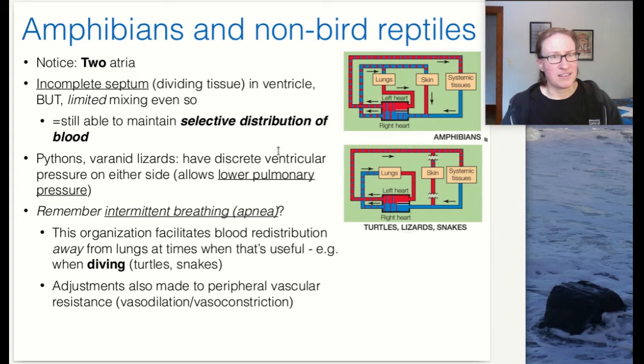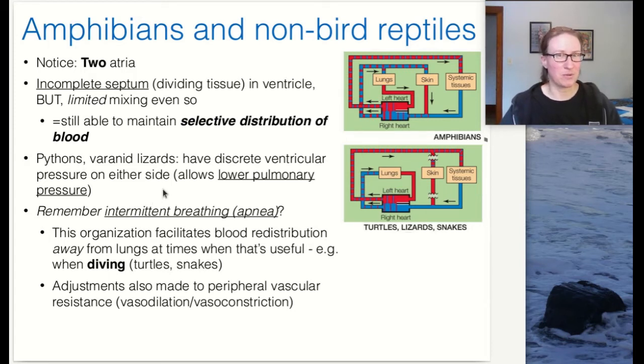So along with that, certain subgroups of reptiles have some extra exotic elements to this whole organization. Specifically, as I've highlighted here, pythons and the varanid lizards have discrete pressures on either side of their ventricle.